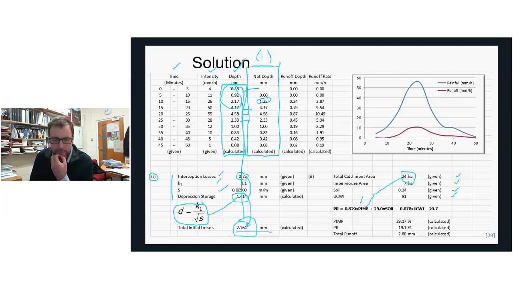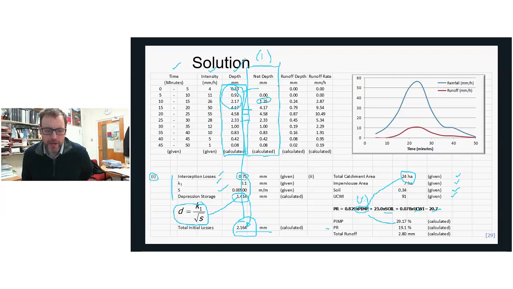Remember, the keyword there is percentage, so it has to be in a percentage. So we calculate that. We know this. We know that. We know this. And that means we can calculate PR as being 19.1%. So that's the percentage runoff.